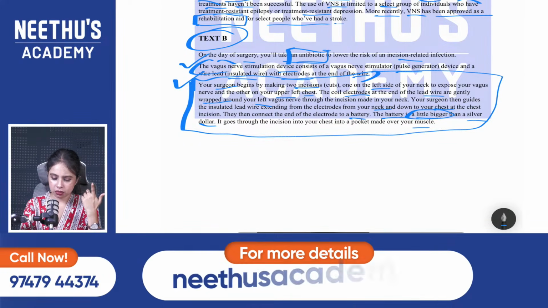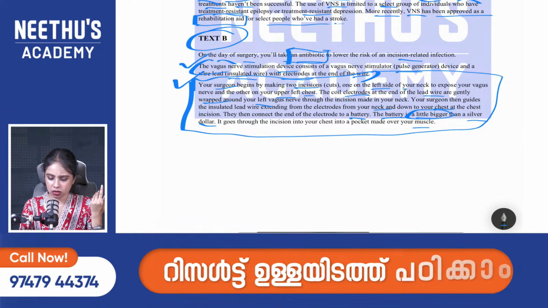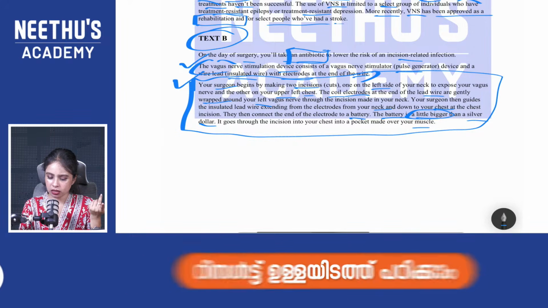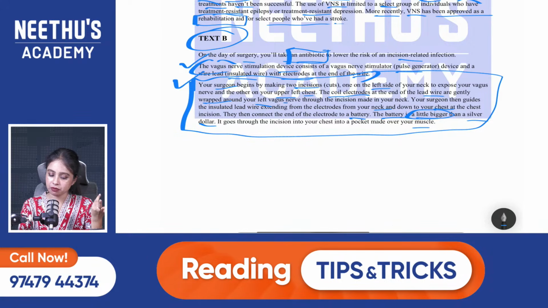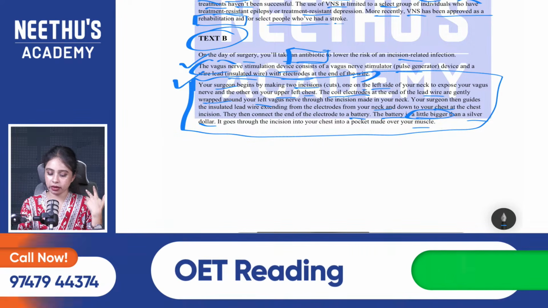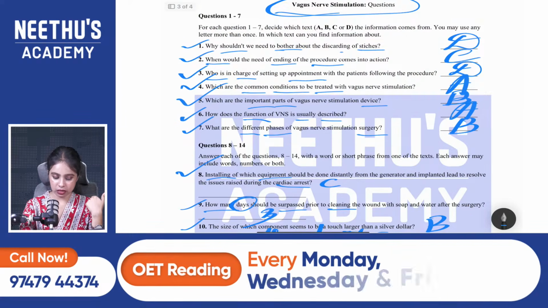Your surgeon begins, vagus nerve and the coil electrodes. Yeah, I think this is the answer. Coil electrodes at the end of the lead wire are gently wrapped around your left vagus nerve. Yeah, my answer is correct. So the answer is coil electrodes. Yeah, very good, Ganga. Right answer.